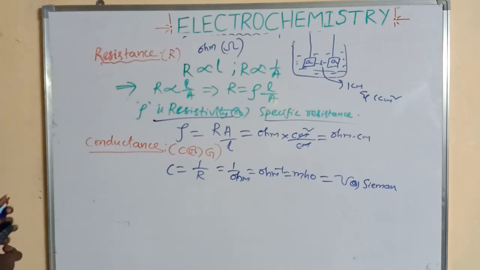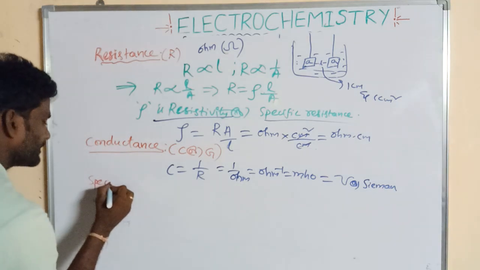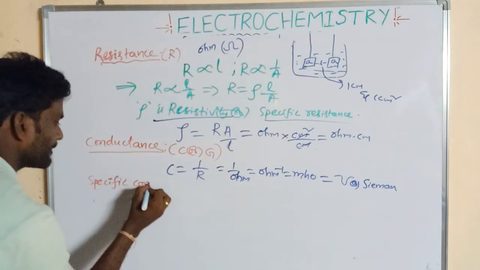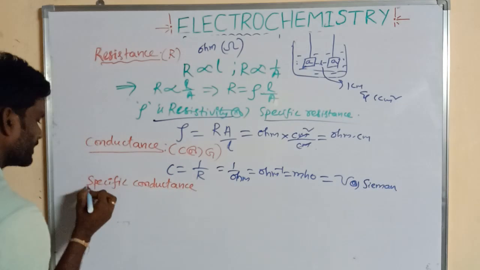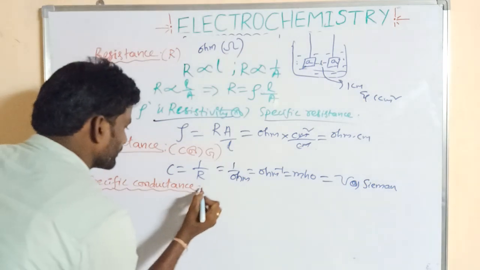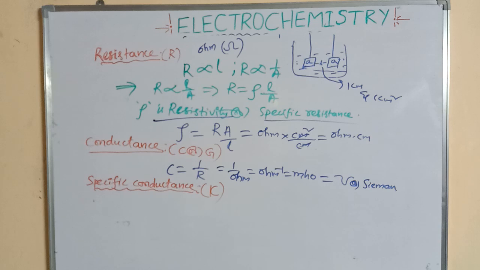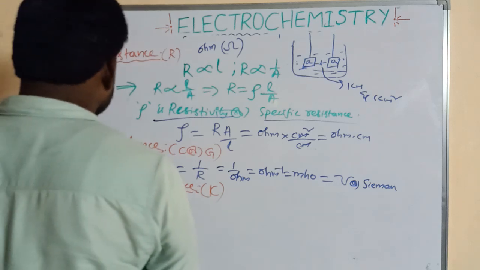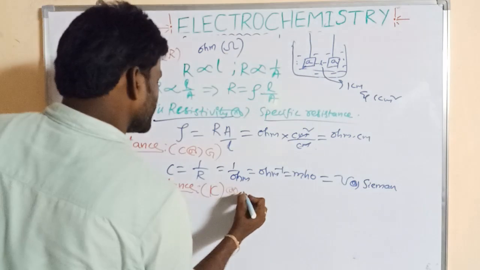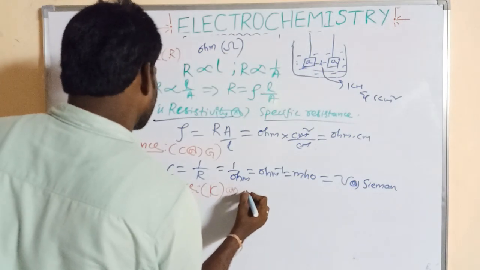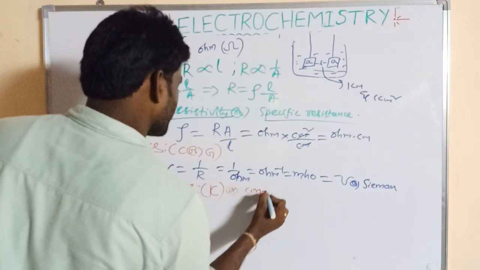Specific conductance is represented by kappa. Specific conductance is also known as specific conductivity or conductivity.